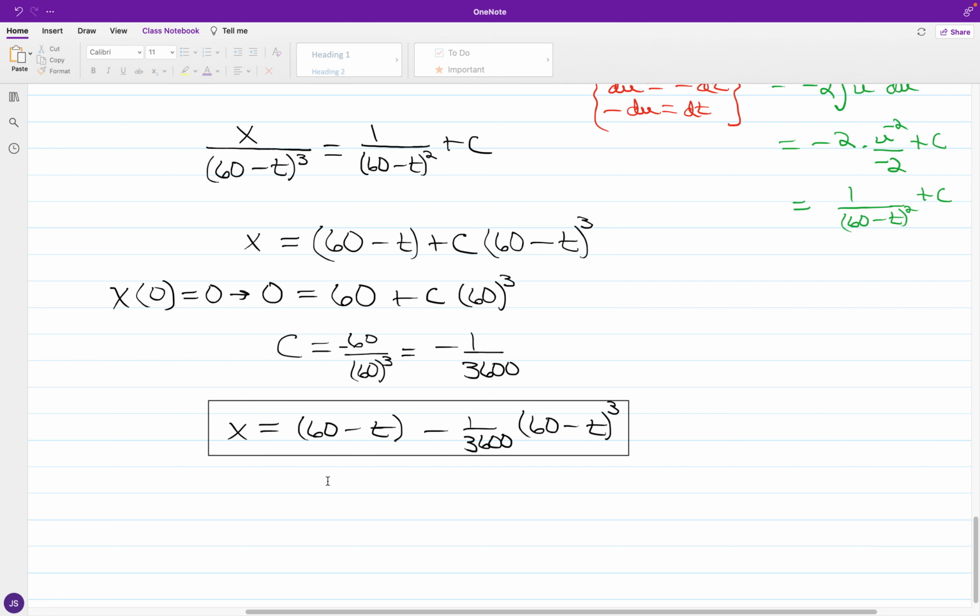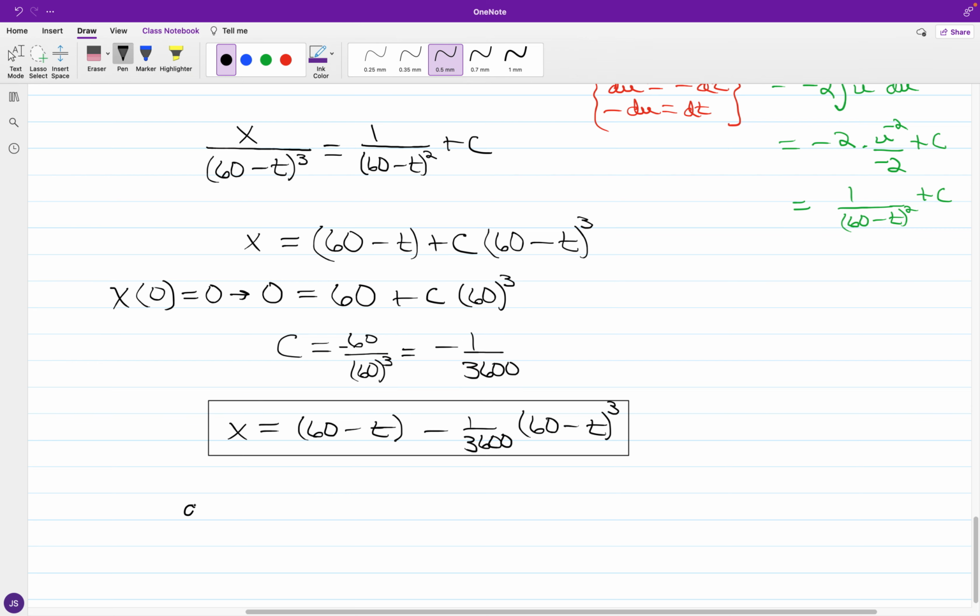For the second part, the maximum amount of salt ever in the tank, the maximum is going to be whenever dx over dt is equal to 0.